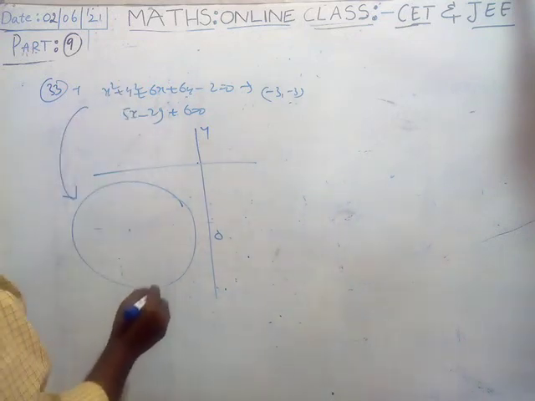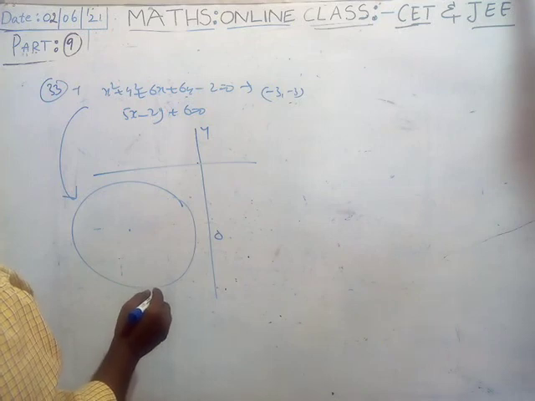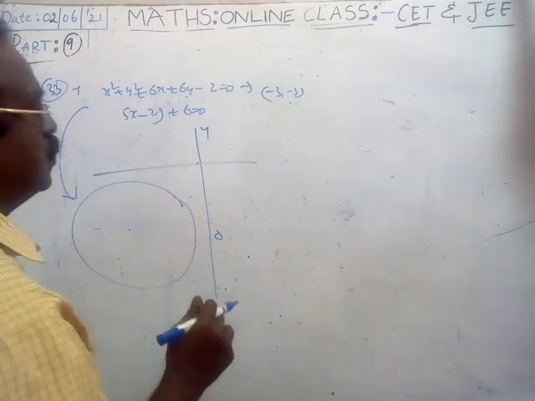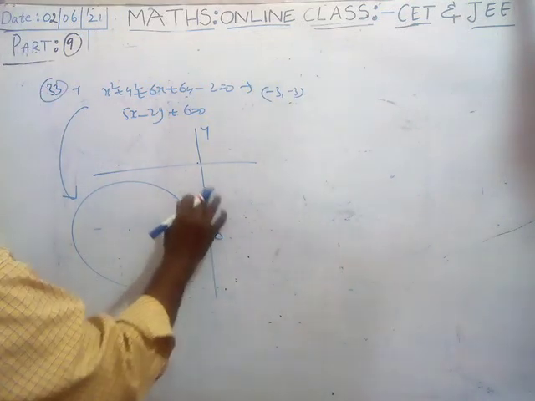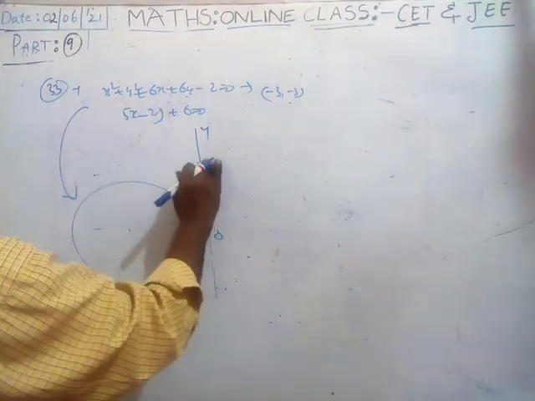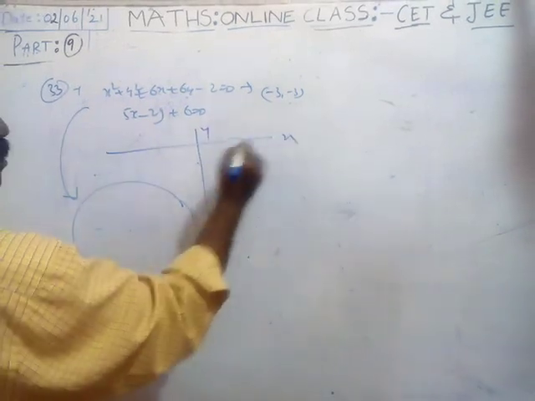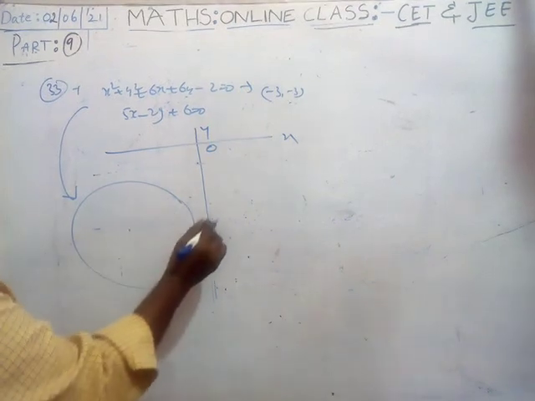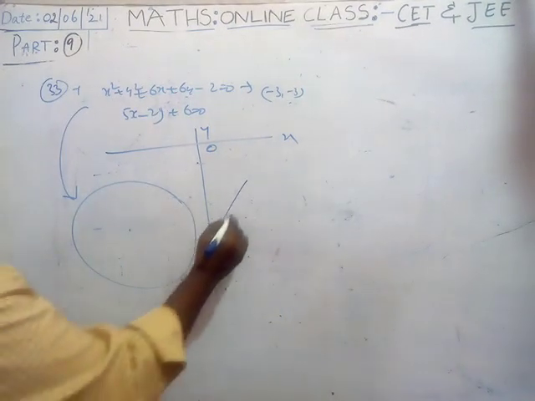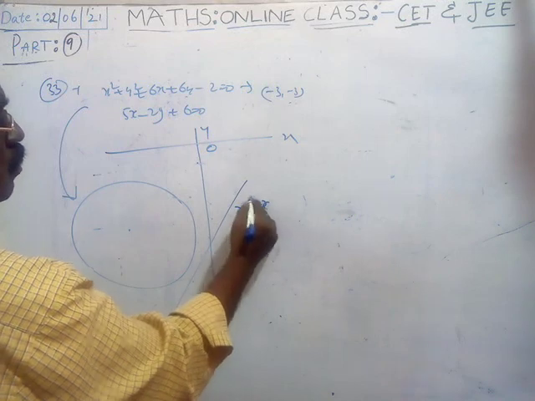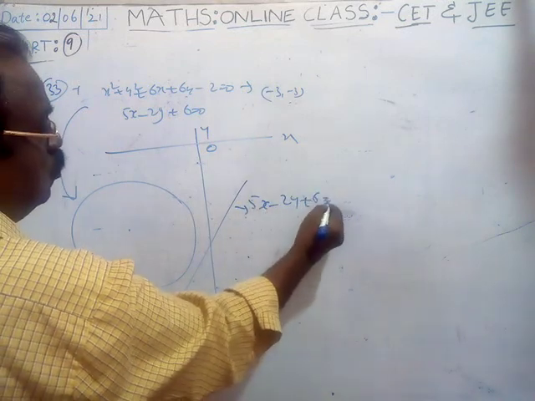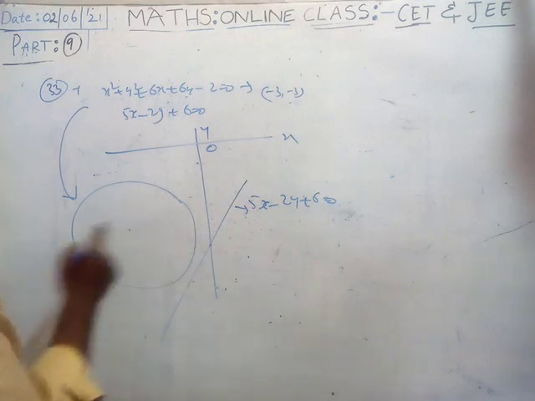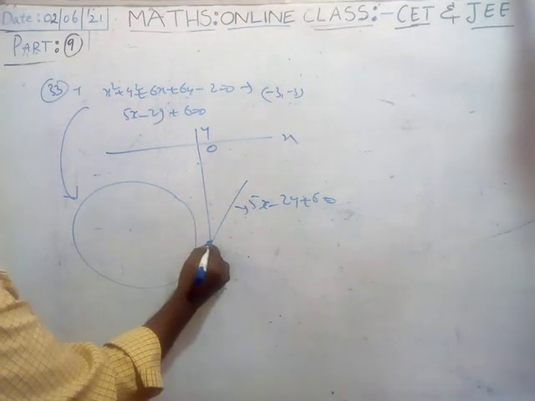And a tangent is there. I will tell you clearly. This is the x-axis. It is horizon. Suppose a line is there like this. Its equation is 5x minus 2y plus 6 is equal to 0. It meets at one point.